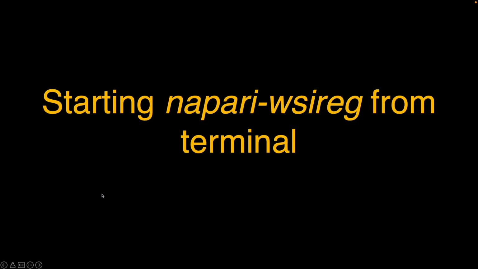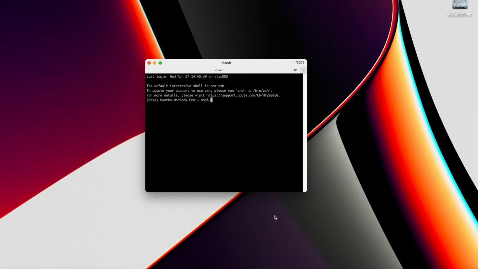Once you've got all of this installed, I'll show you how to start napari-wsireg from the terminal. So I'm going to show you how to open Napari and then napari-wsireg once we're in Napari. The first thing you'll have to do is open your terminal. On Windows, you can open an Anaconda prompt, or depending on your install, you may have Miniconda.